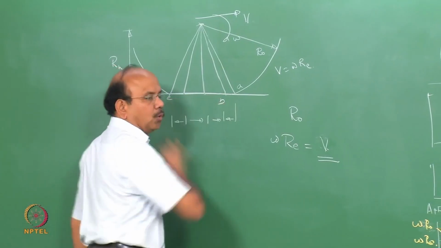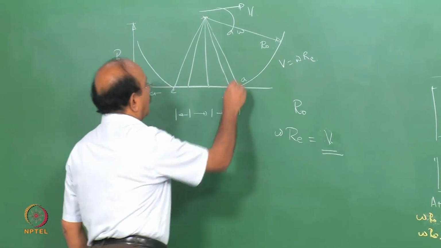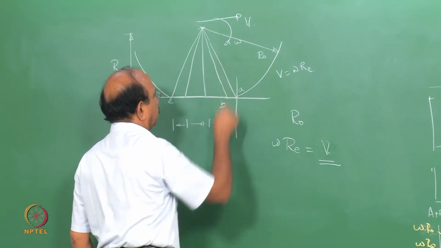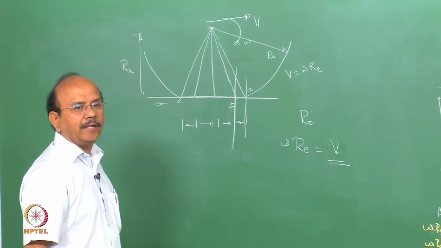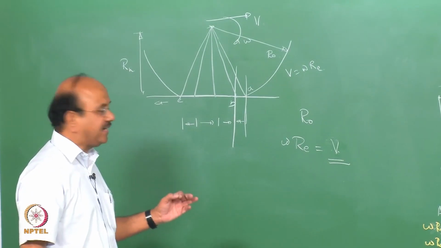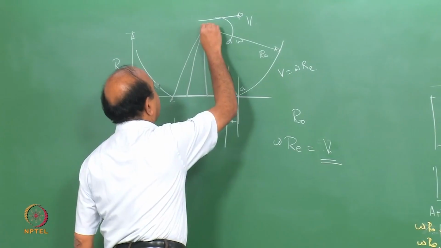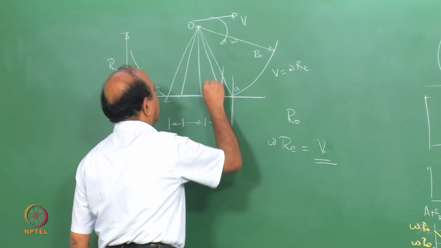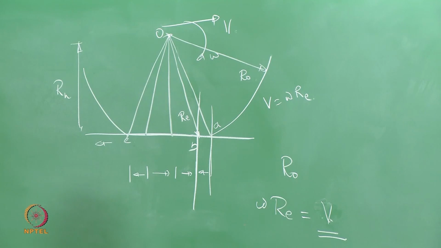We already saw this, and we added that there are three zones in the contact patch. There is one zone, between A and B, where the radius is greater than RE.